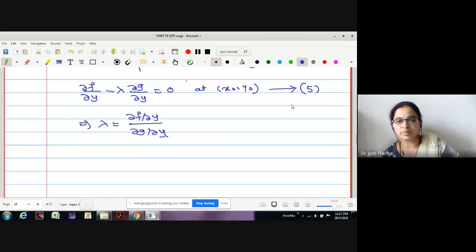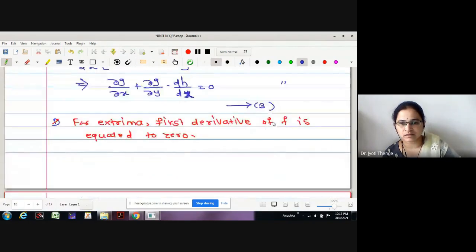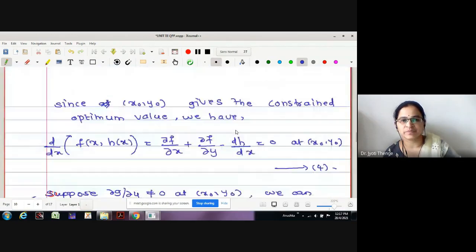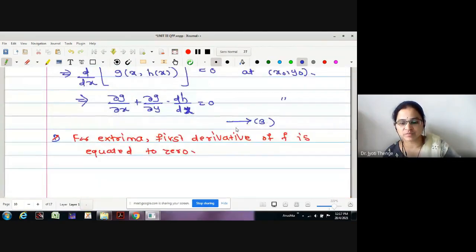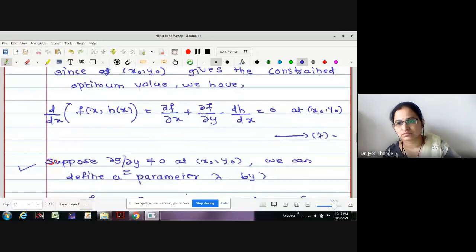Now what process will we follow? We will multiply equation number 3 by lambda, and we will subtract it from 4.